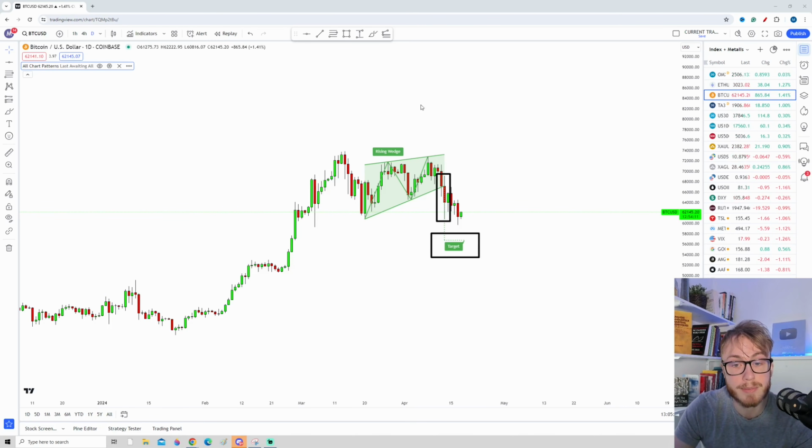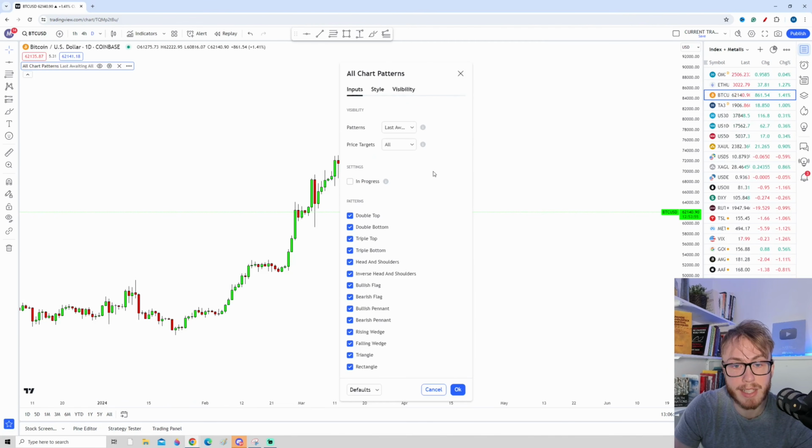And now let's actually go back here to the settings tab, because here, if you scroll down a bit, you can see that you can choose between tons of different chart patterns you want the indicator to automatically identify. So let's say that you, for example, are only interested in double tops, double bottoms. You might not be interested in triple tops and triple bottoms.